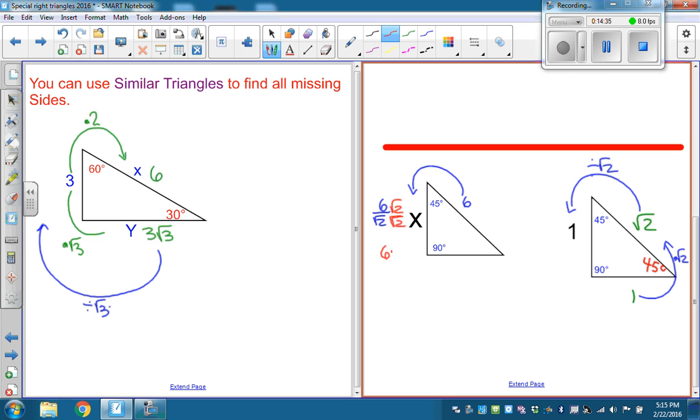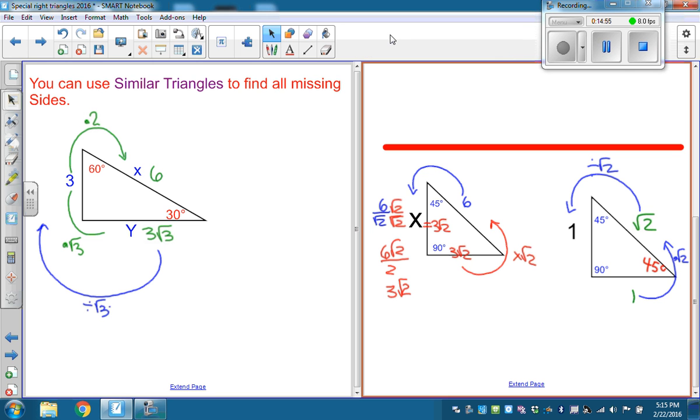So 6 root 2 over 2 is equal to 3 square roots of 2. And I can check my work by multiplying by the square root of 2. And I will get 6. All right. I think that's enough to get you started. Come back with questions tomorrow.